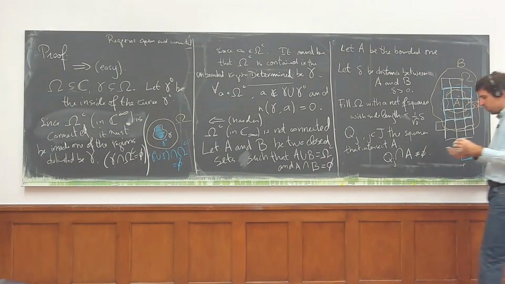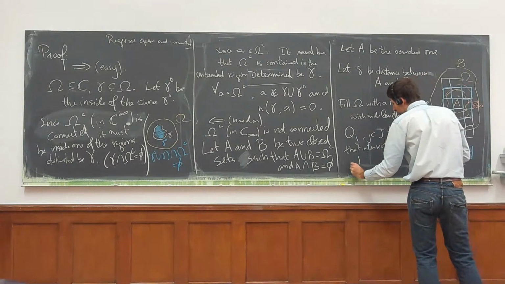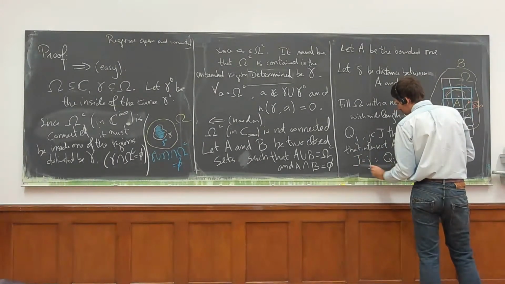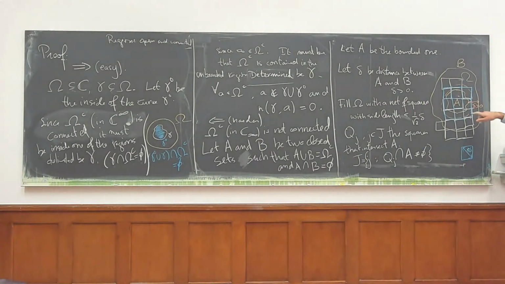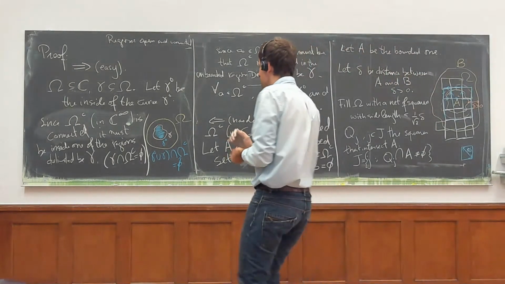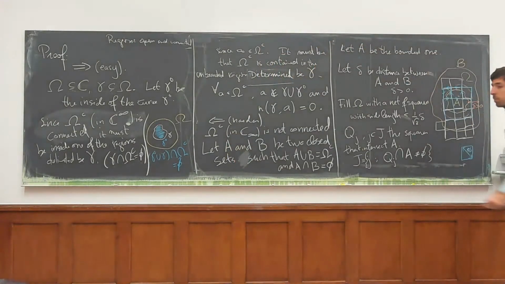Okay, so this is what my index J is. Okay, and now what's going to be my curve is going to be the boundary of this set, right? So I can just take the sum of the curves of the boundaries of each one of these squares, right? Because if I take the boundary of each one of these squares, I get, right, these ones cancel out, and I get exactly the boundary of this set. Okay, so let's do that. Let me erase that part.